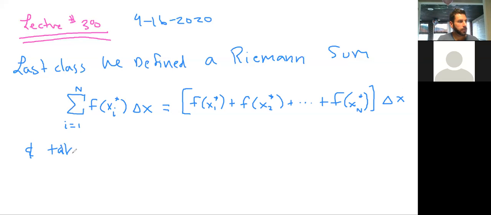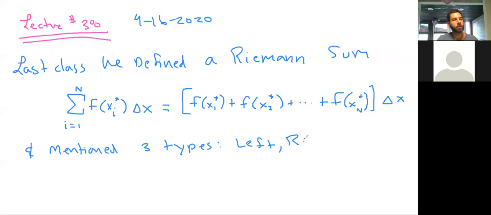And what we did is we talked about three very particular useful ones. Let's make sure you're aware of at least their names. So we talked about left, right, and middle.